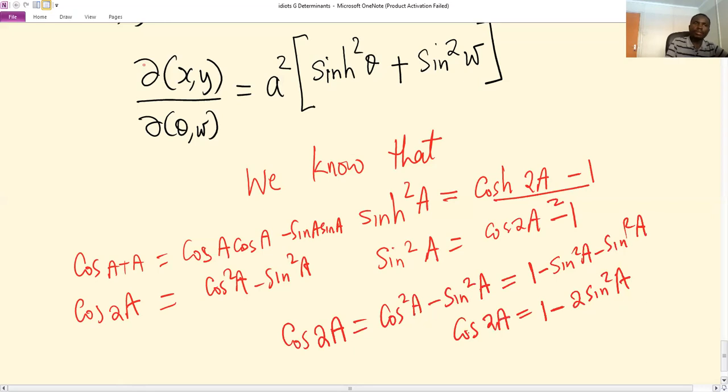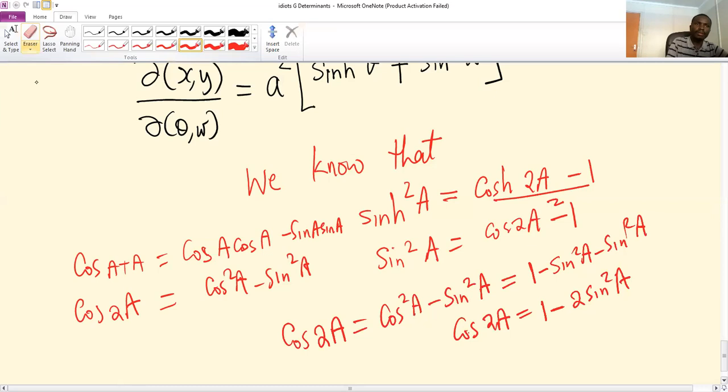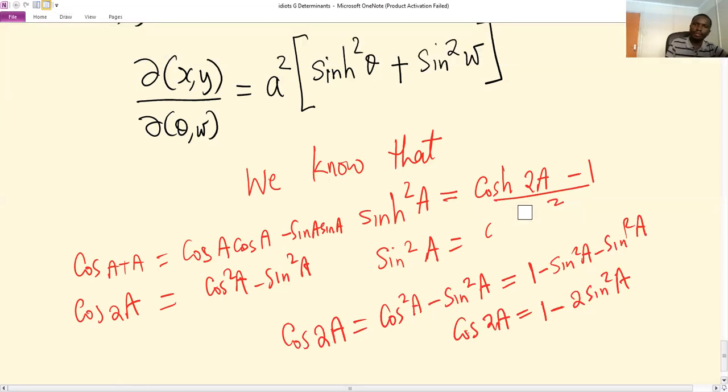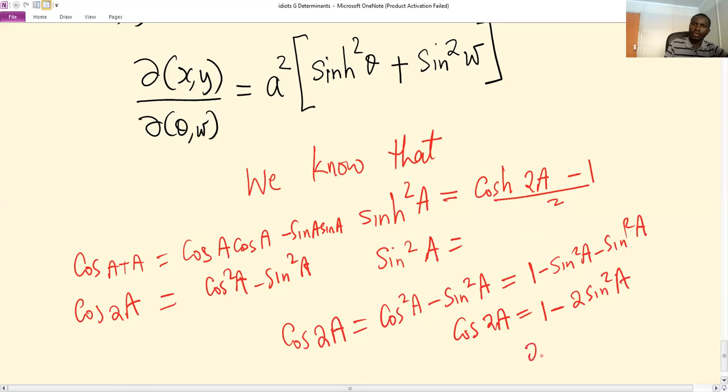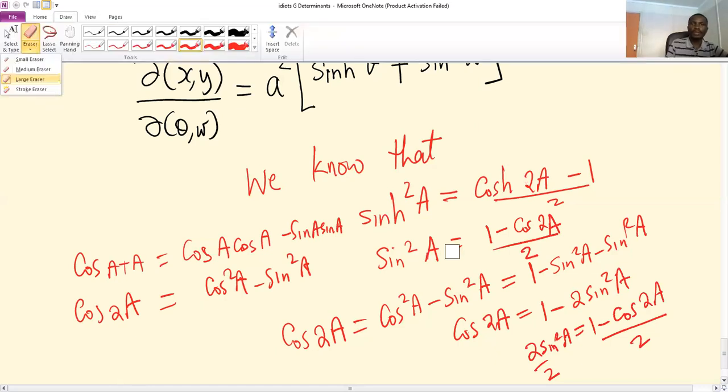So this identity: 2 sine squared A equals 1 minus cos 2A, and then you divide through by 2. So this should be sine squared A equals 1 minus cos 2A divided by 2. So these are the identities that we're going to use to rewrite our expressions.